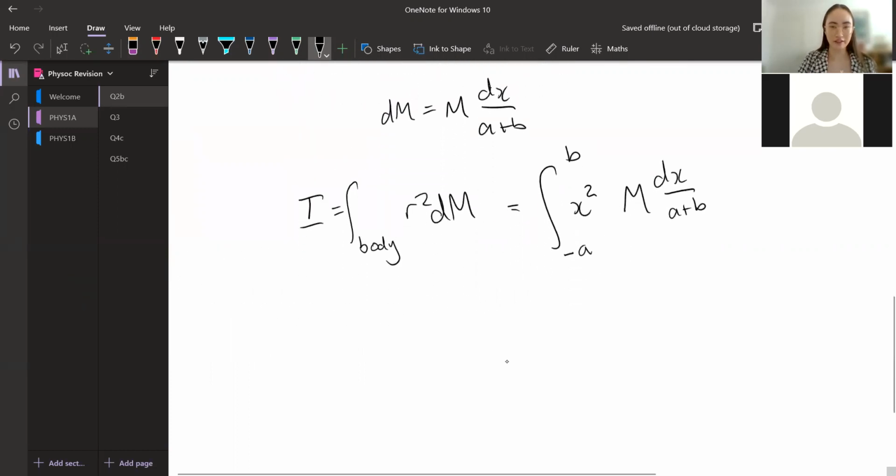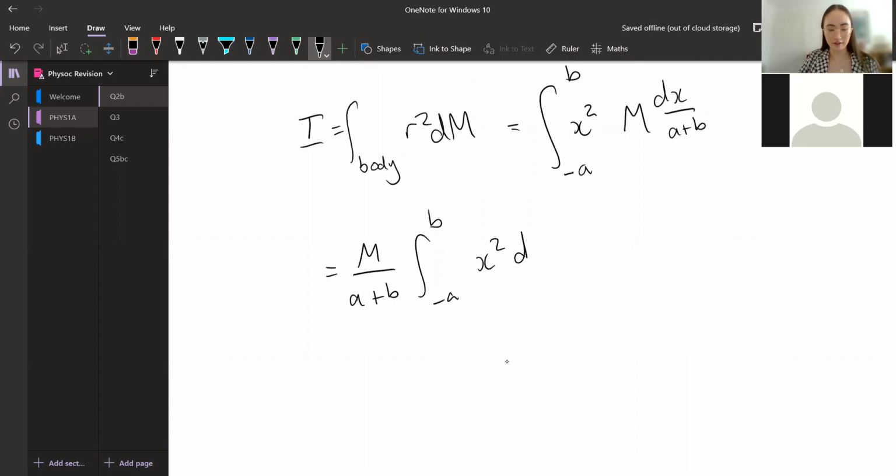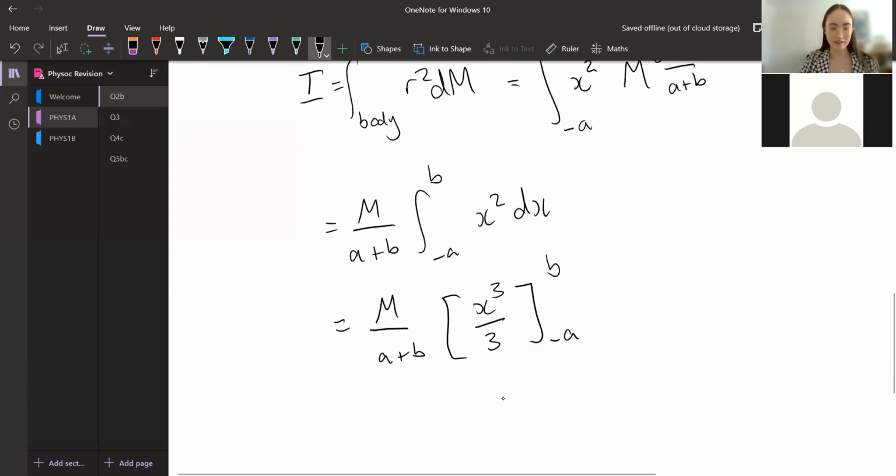And now I can solve that. Take all the constants out the front, m on a plus b, solving this integral x squared dx, not too complicated, could do this in like year 11 or something. That becomes x cubed over 3 in the same limits.